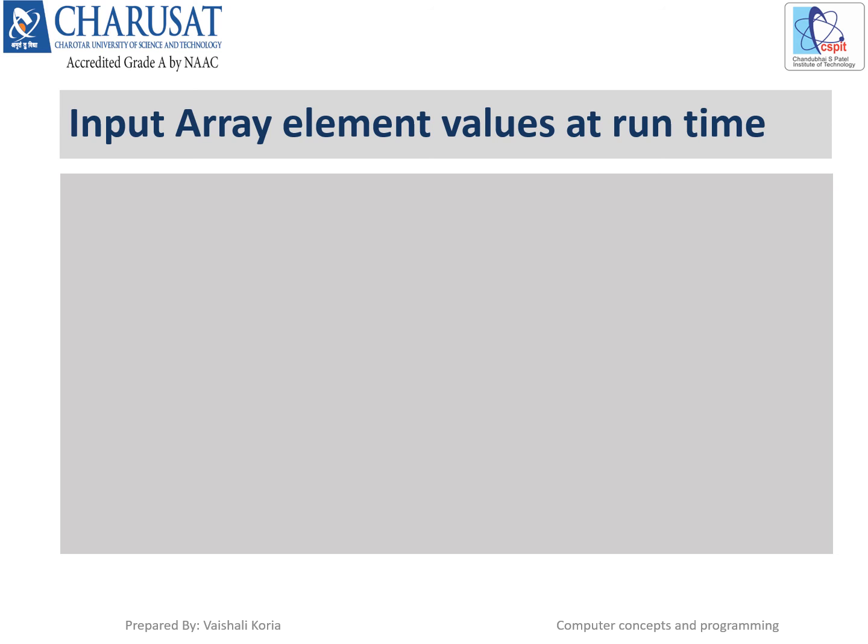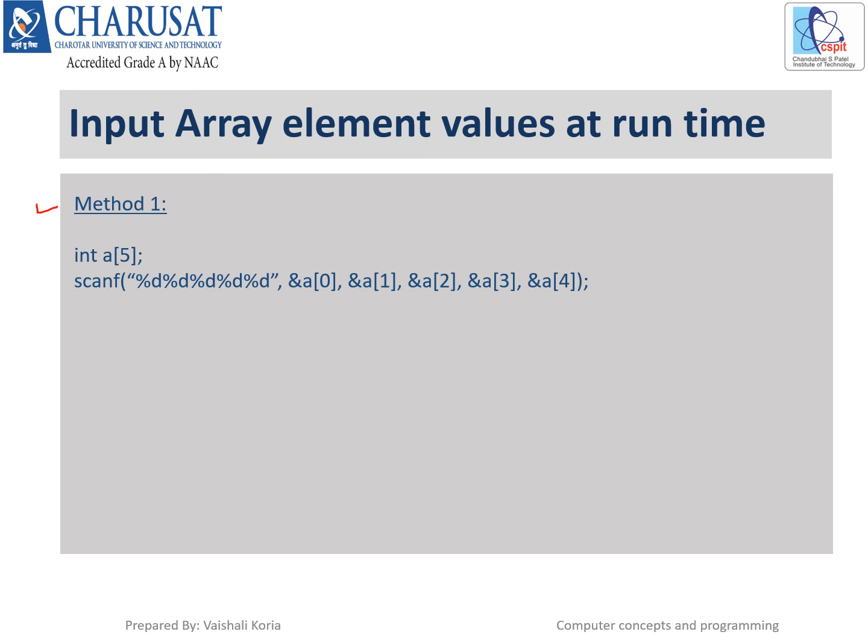But how to use this scanf for the array? Because not only one element, we have to use more than one element. So this is the first method. In this method the array is of size 5, so the declaration is here.